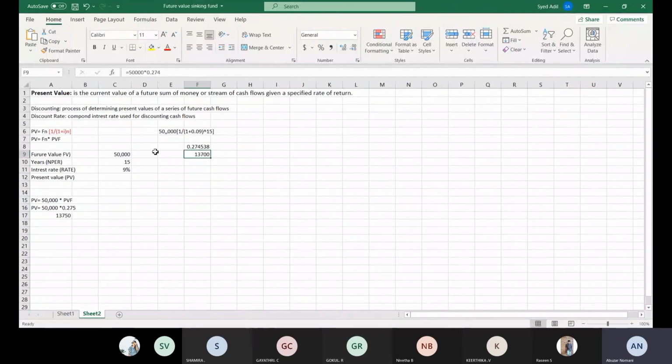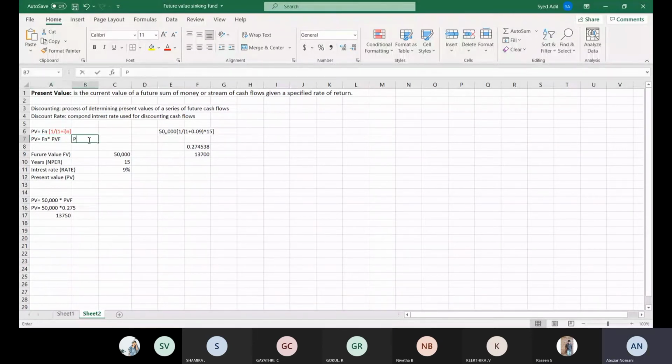Okay, now let's see the composition of the formula for the present value. Here you can see that the present value is equal to future value into 1 divided by 1 plus i raised to the power n. The portion of the formula that is in the red color, we call it the present value factor.